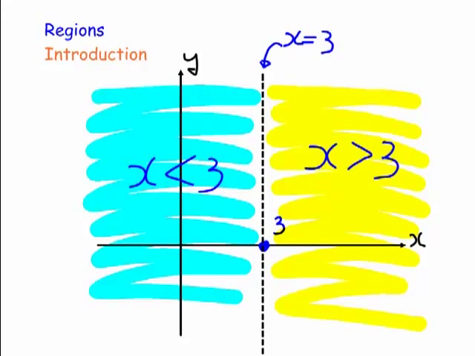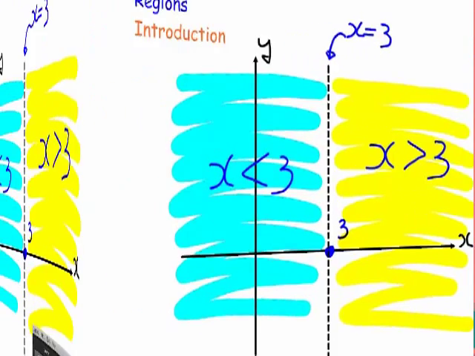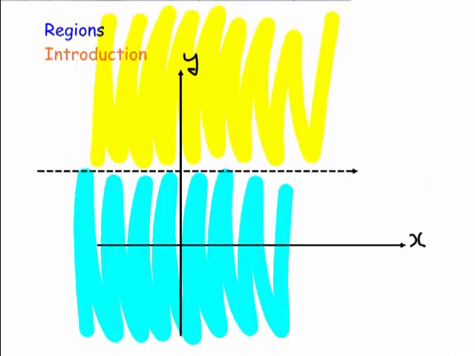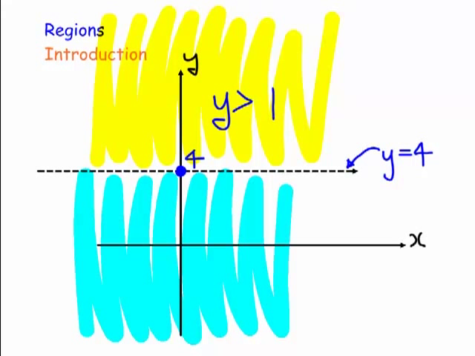Let's have a look along the y-axis now. We've now changed the line to a horizontal line. It goes through a point, say, on the y-axis. Let's call this point 4. You can see the boundary is just this line here, which is called y equals 4. So y equals 4 is the boundary that creates a region above and below, and above, y would be larger than 4, and below, y is less than 4.